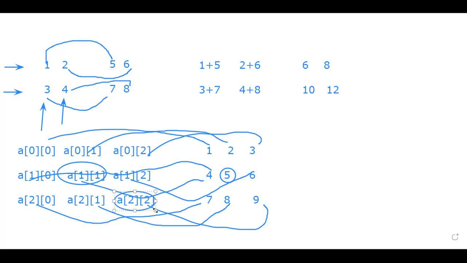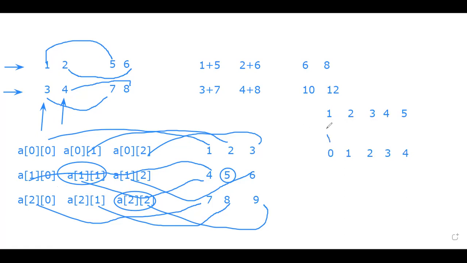So likewise, we can represent the matrices. In the normal way, we have the single dimensional array. How do you write it? Like this: 1, 2, 3, 4, 5. The elements are represented with the index numbers 0, 1, 2, 3, and 4.